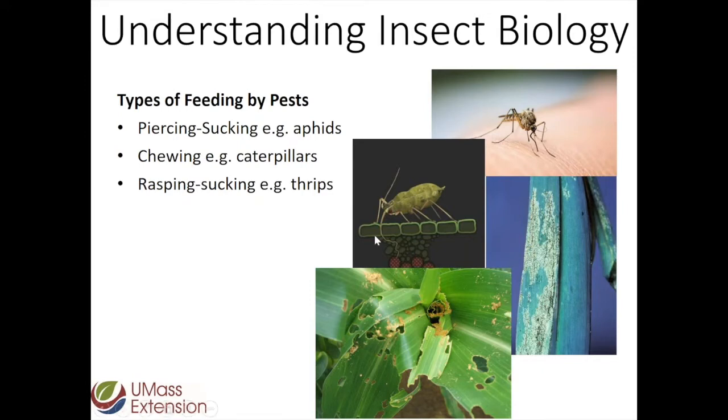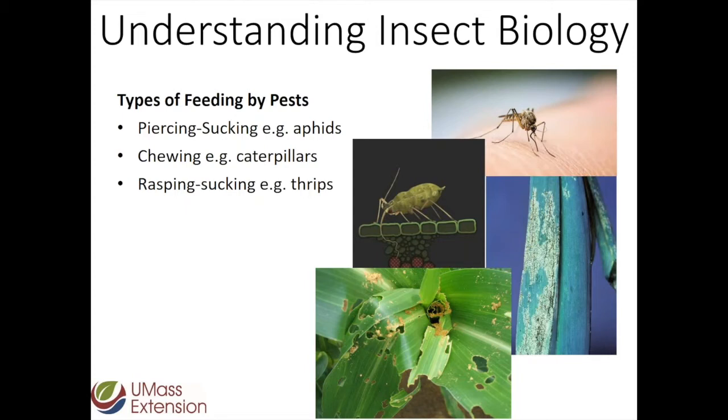Mostly what we think about is chewing damage that caterpillars or beetles often cause. There are also piercing, sucking insects, like aphids. I have this mosquito here to drive this point home, but aphids are an example of piercing, sucking insects.